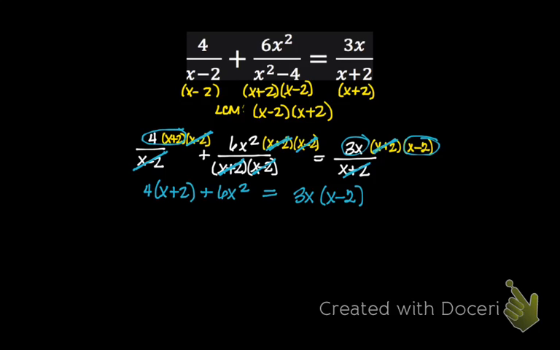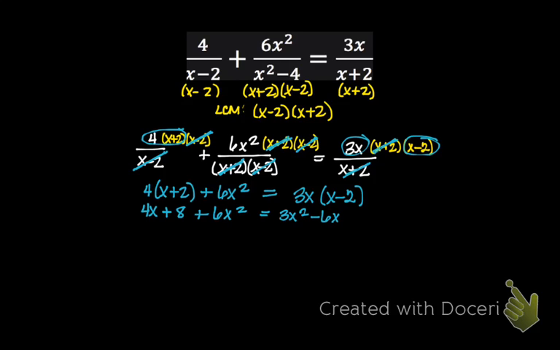First thing, we've got to distribute and multiply everything out so that we can combine our like terms. So if I distribute here, I get 4x plus 8 plus 6x squared equals 3x squared minus 6x. Now, I notice instantly that I've got x squareds. That means I've got a quadratic equation.